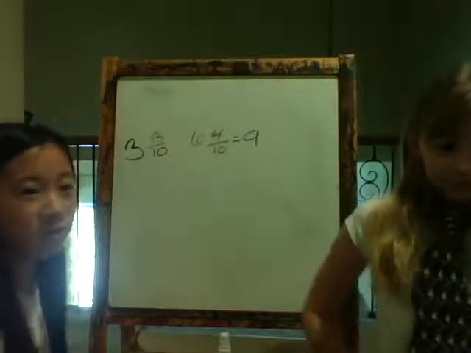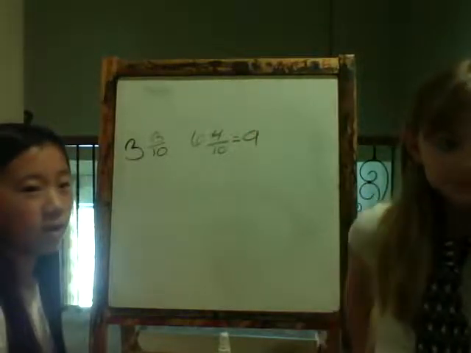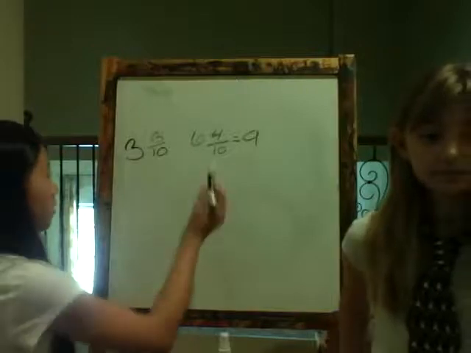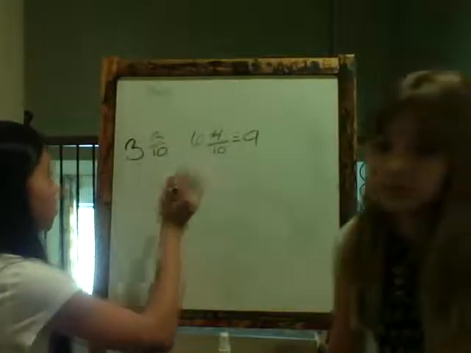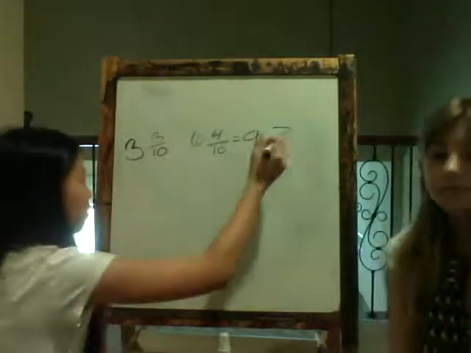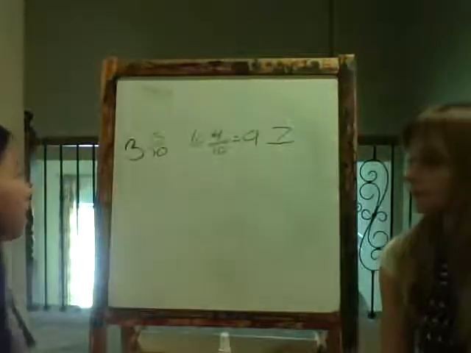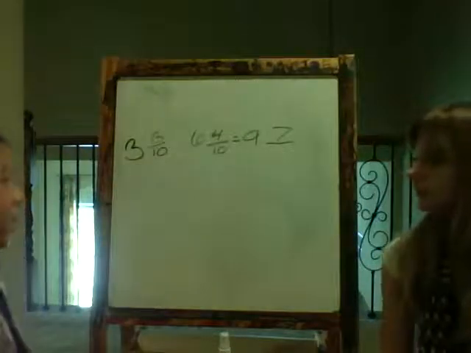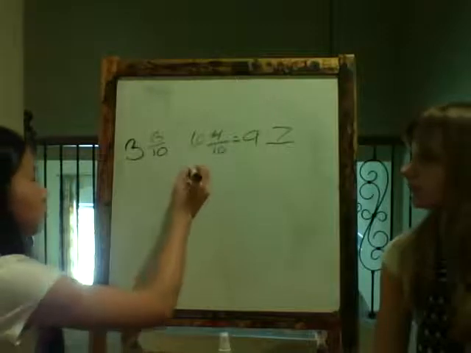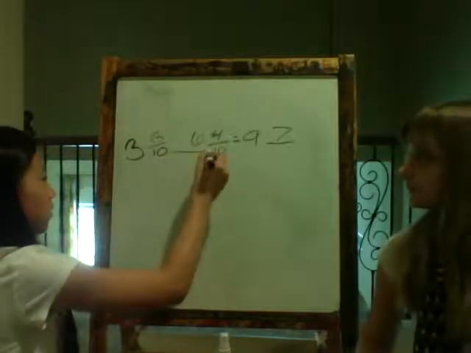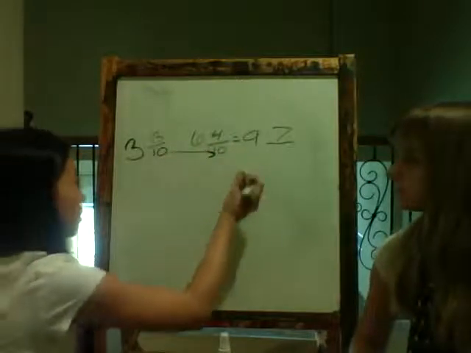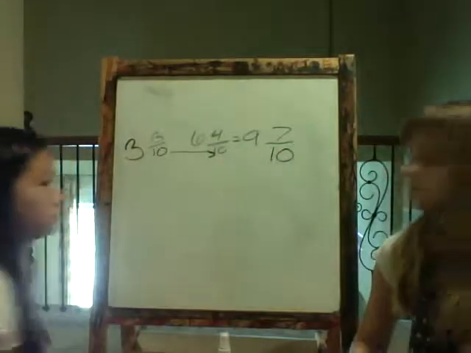So then what you would do is add your numerators. 3 plus 4 would equal 7. And then you carry over your denominator, which is 10.